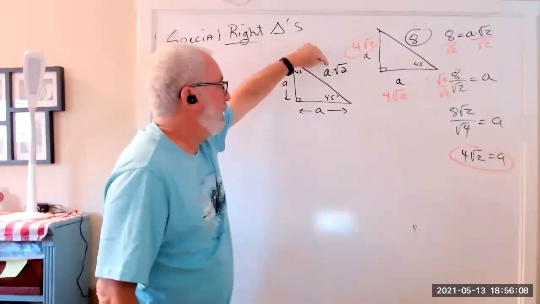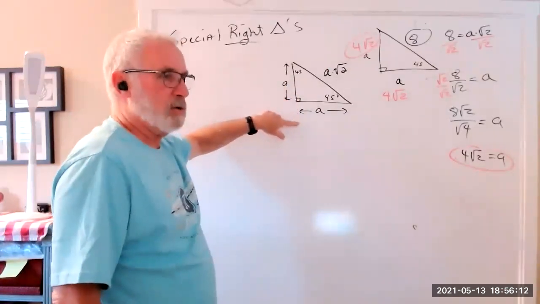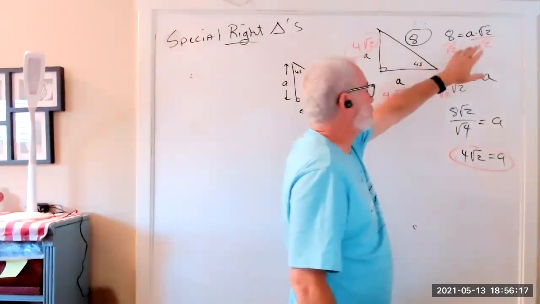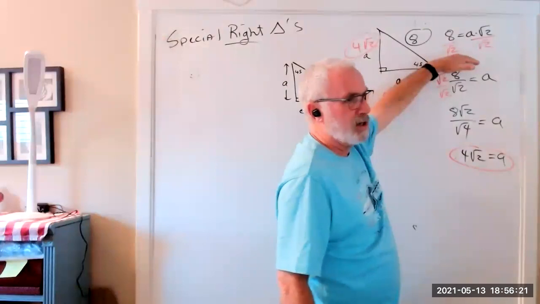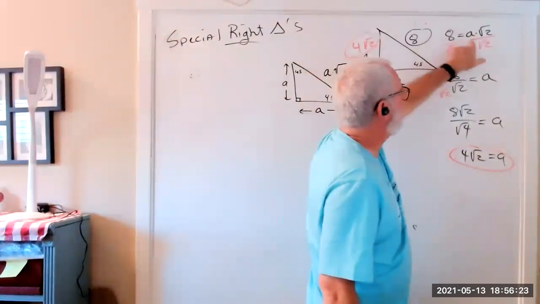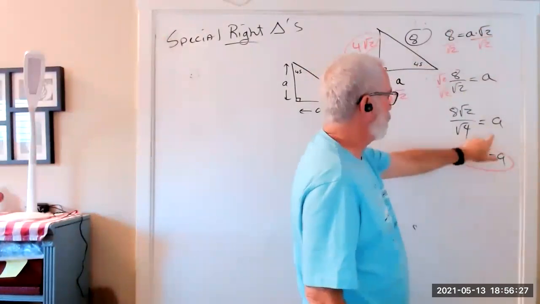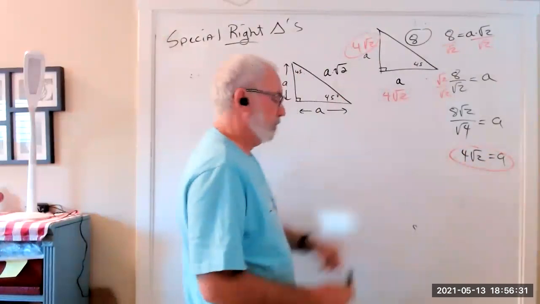But going from hypotenuse back to leg, that's a little bit harder. And most students have used this technique of making a little baby equation and then solving this equation for a. And that's your 2 legs.